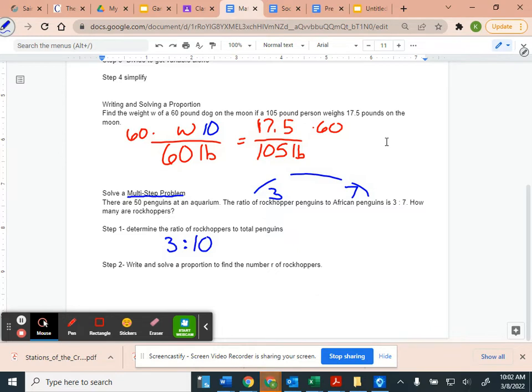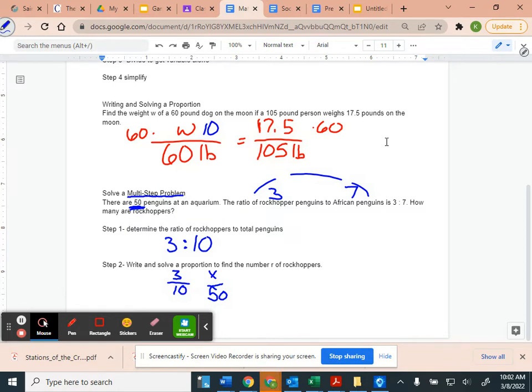Then it says, but we want to know how many are rockhoppers out of 50. So if out of 10 there are 3 of them, I could say 3 out of 10. How am I going to set up my other ratio? If there are 50 penguins now instead of 10, 50 on the bottom, and my question is the top. How many of those are rockhoppers?